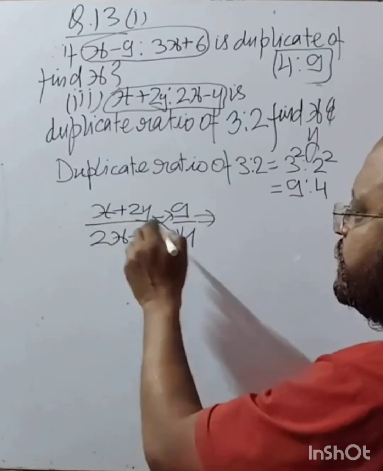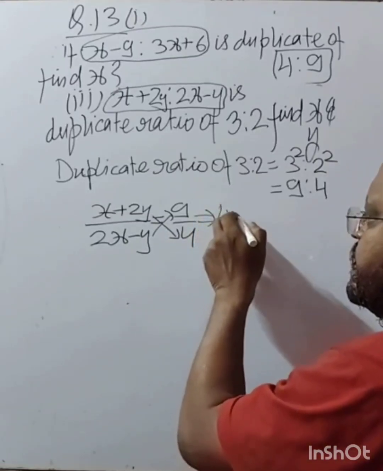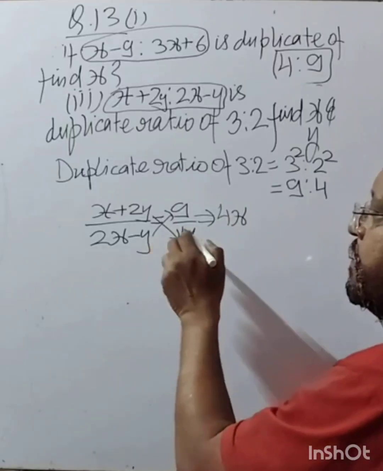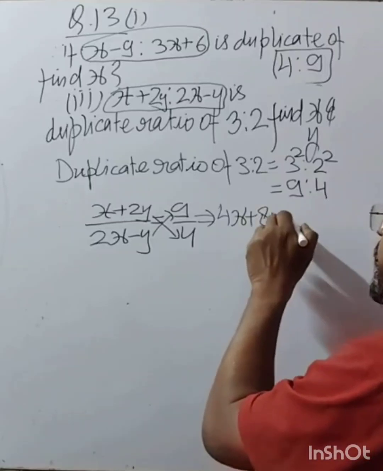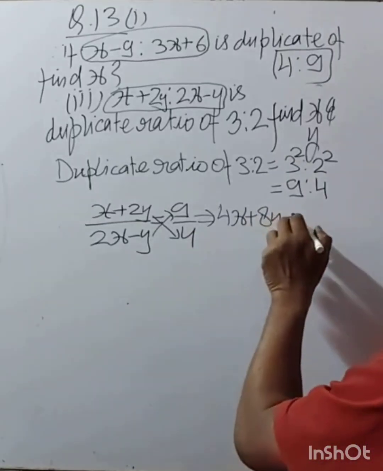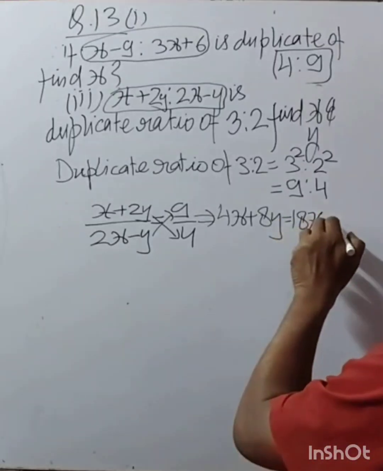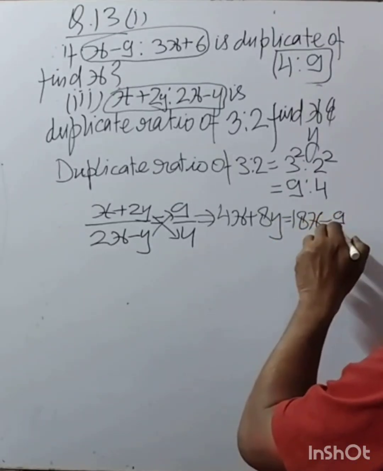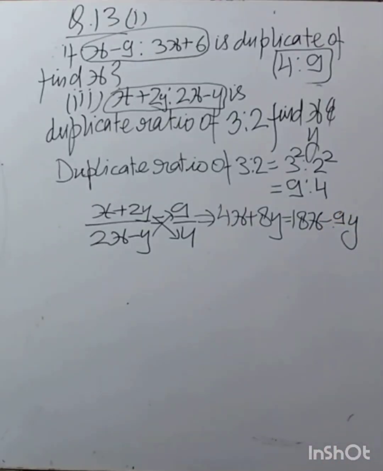So you will get 4x plus 8y is equal to 18x minus 9y. Is it? Yes. You get this? Okay.